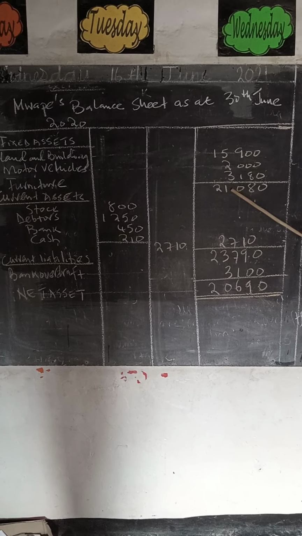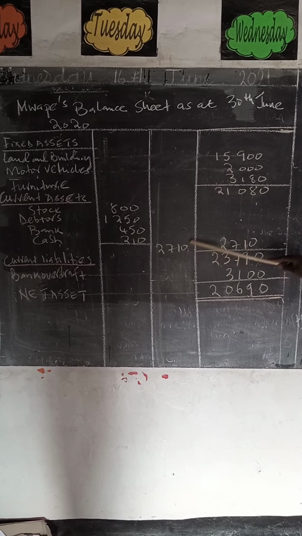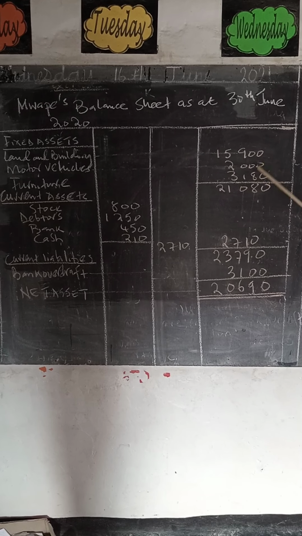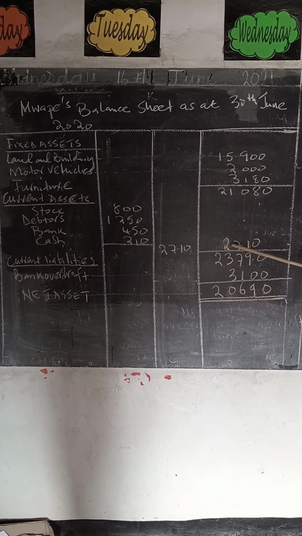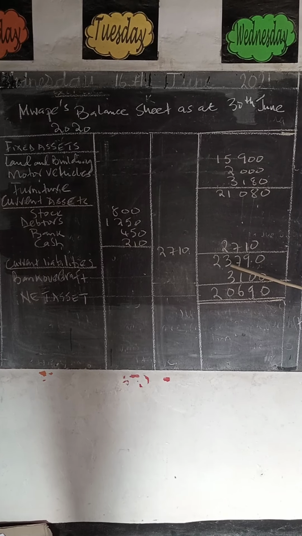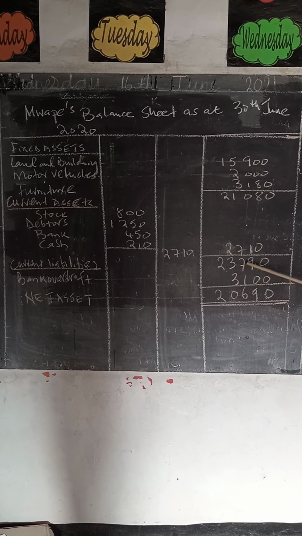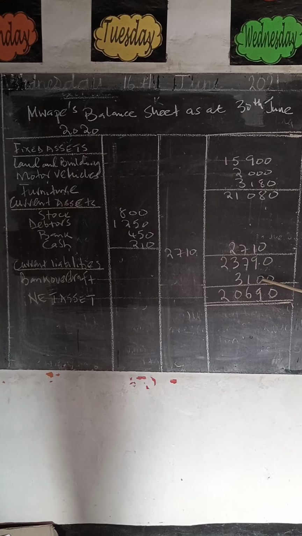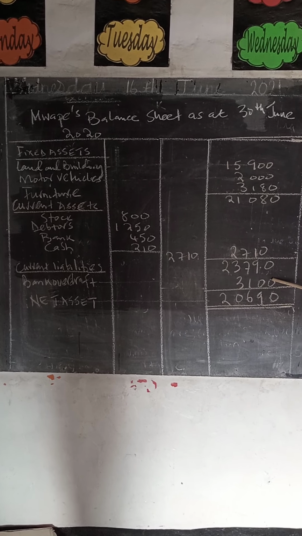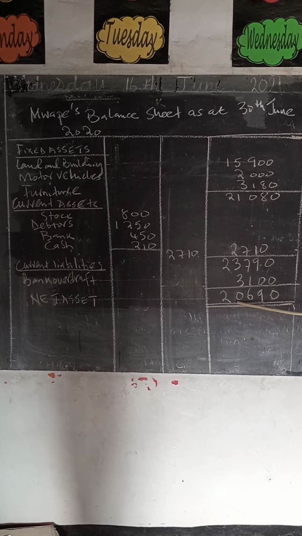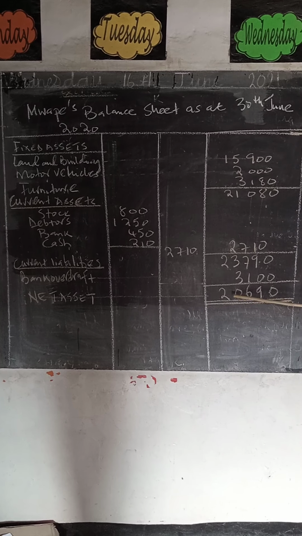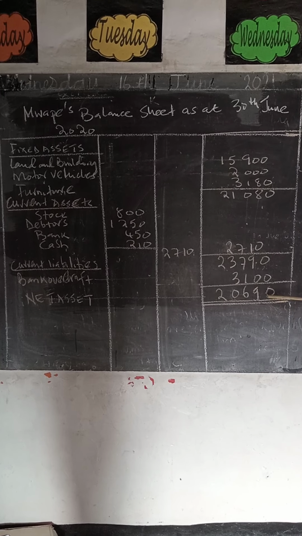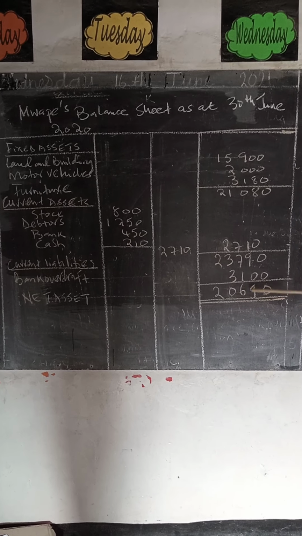So you add fixed asset plus current assets. This is the addition we did there, 21,080 plus 2,710, which gave us 23,790. It's then that you subtract the current liabilities of 3,100. Then our net asset or total asset is 20,690. So the answer remains the same. Both methods are correct.